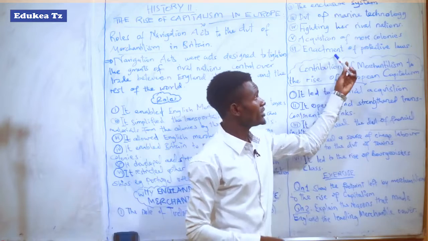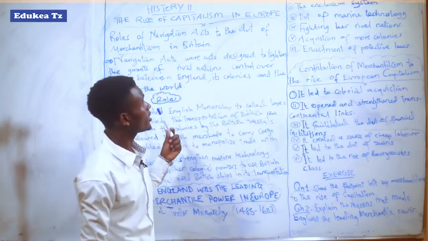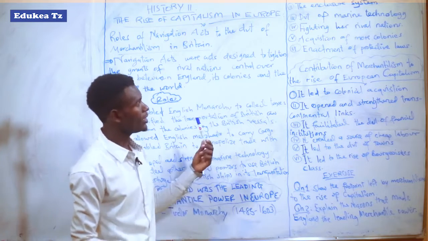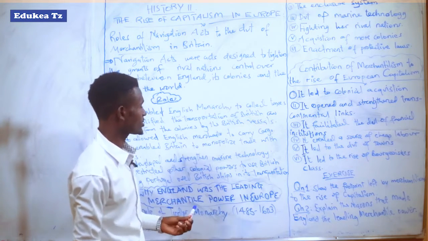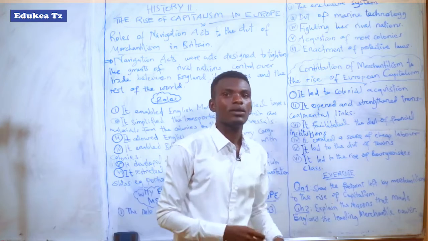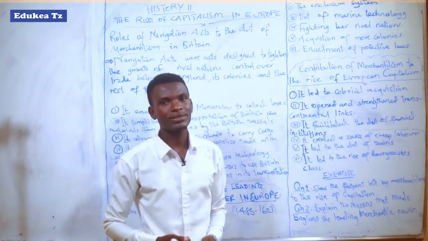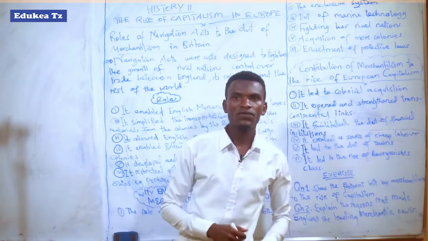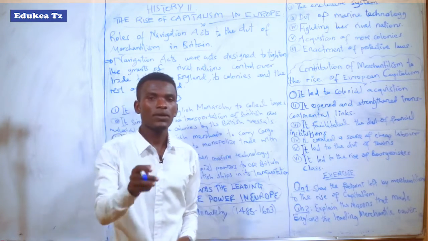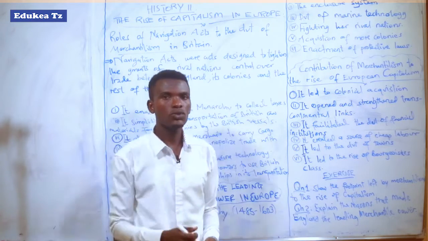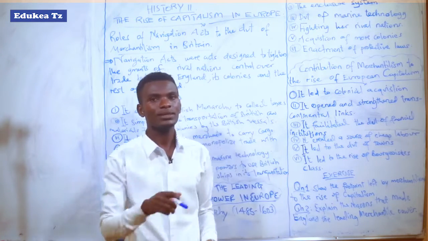So for the protective laws, as we have shown, various acts were introduced, like the Navigation Acts: the first Navigation Act of 1650, the Act of 1651, the Act of 1652, and the Act of 1660.